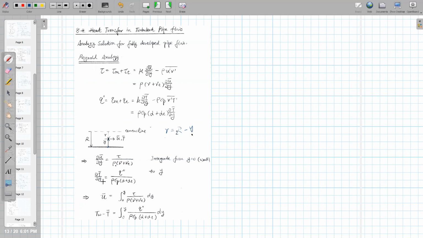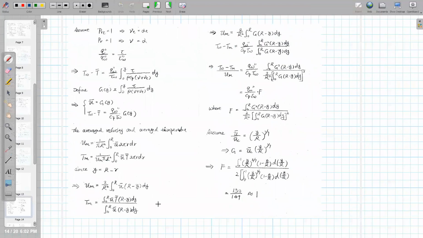And similar for the integration over y for the temperature. At the wall, you have T equal to T wall, and at this y location, you have T equal to T mean. So basically T wall minus T mean equals the integral from 0 to y of Q double prime over rho Cp dT/dy. This is the same thing we did before. And we still assume Prandtl's analogy, right?